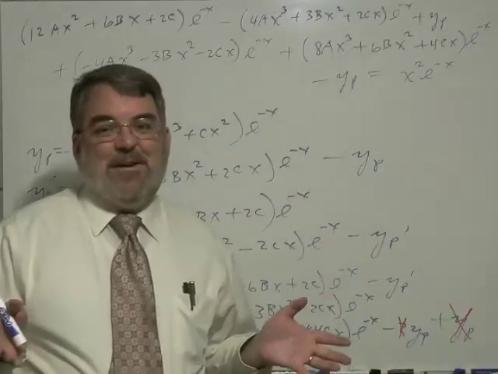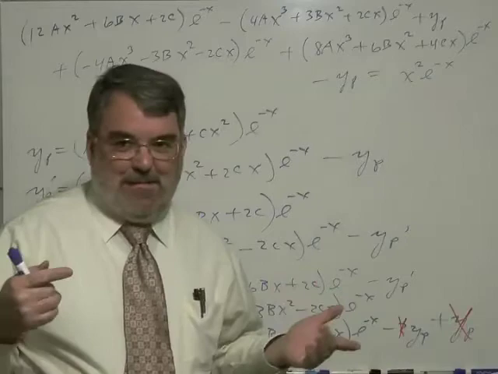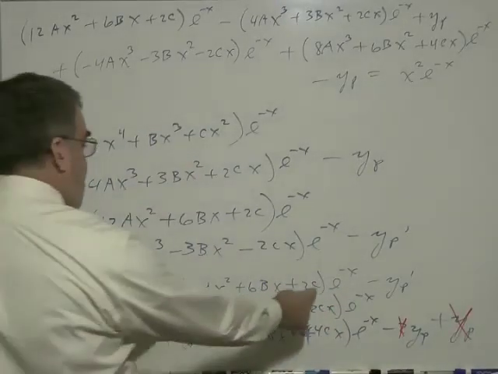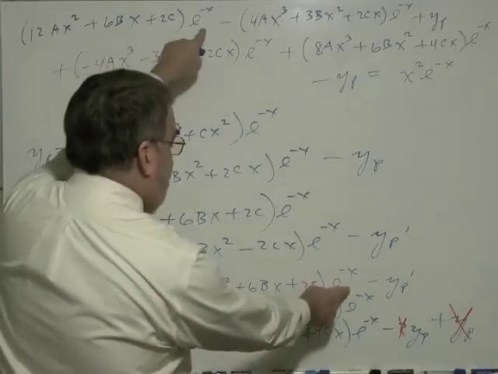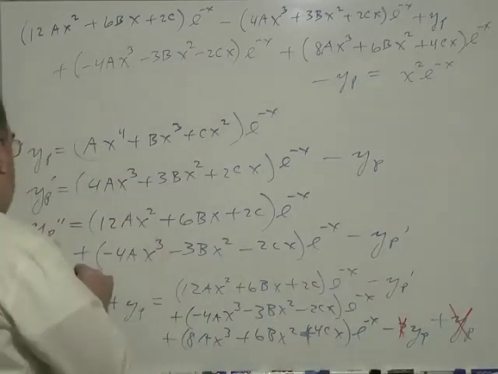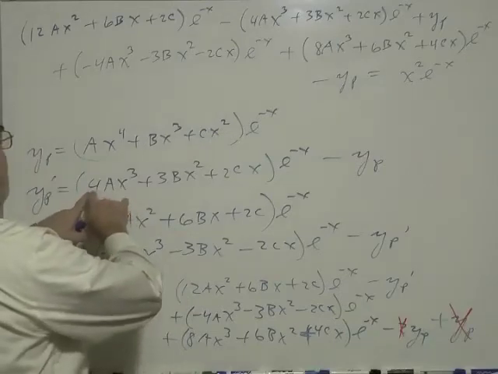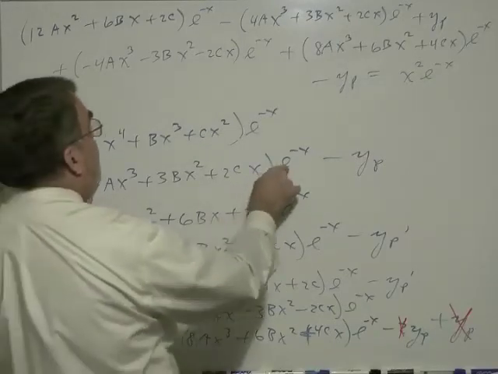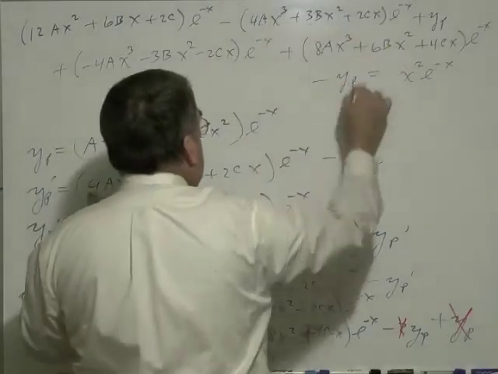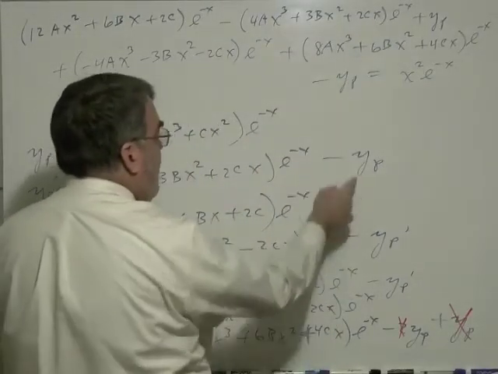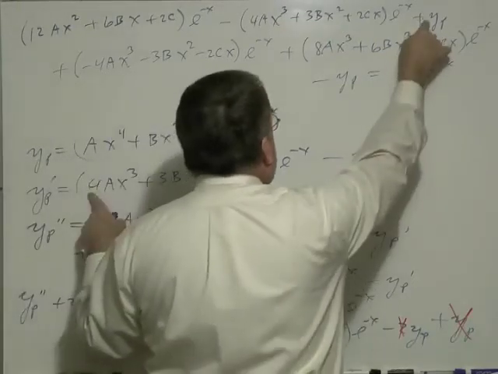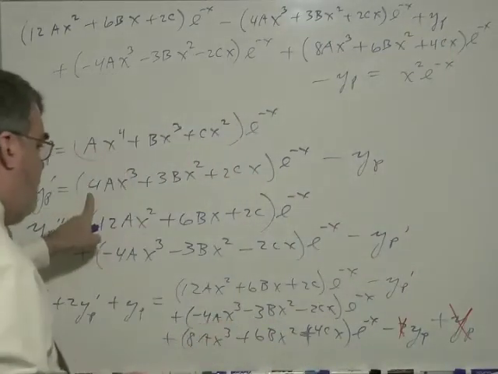Okay, I'm going to walk you through what I did so you can be sure I didn't pull a fast one on you here. I took this parentheses times e to the minus x. Then we had minus y prime. Y prime was this parentheses times e to the minus x, so it's minus this stuff right here. And then we also were subtracting y particular, so that changed the sign, became a plus y particular.